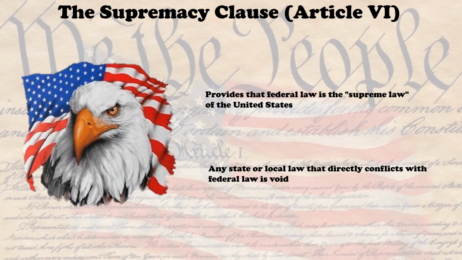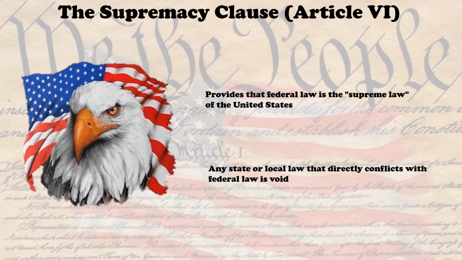Now, one of the things that I want you to look at, it says any state or local law that directly conflicts with federal law would be void, right? So a lot of people assume this means that if the federal government chooses to legislate in any area, state laws are automatically void. That's not true.